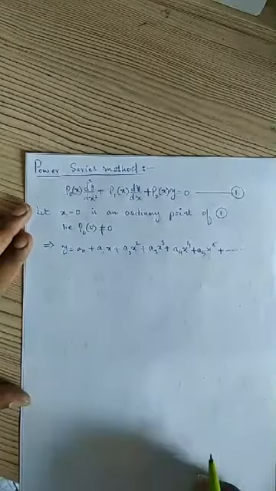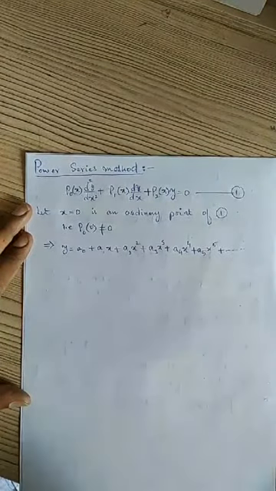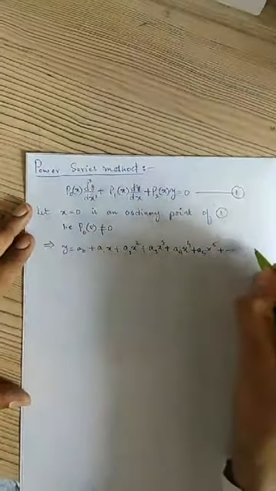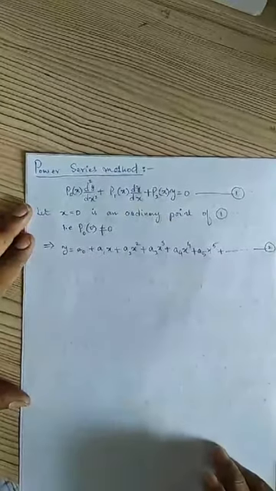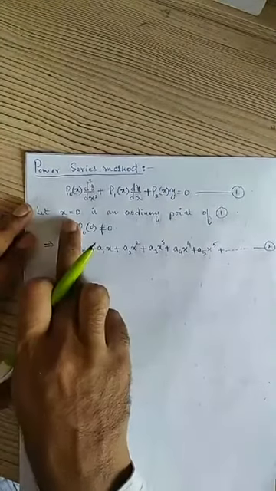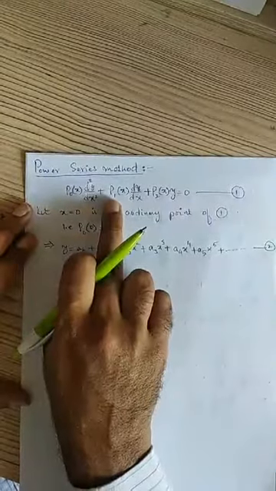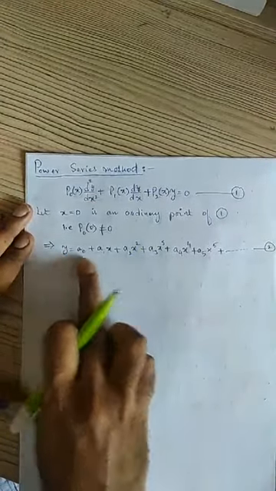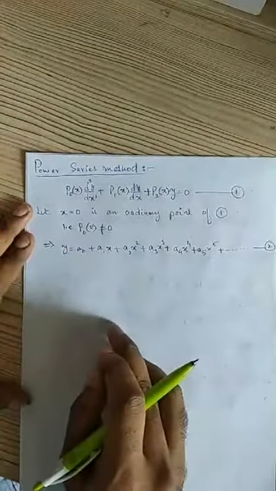Intentionally I am writing these many terms in the series. I want all those terms. I'll consider this as 2. Since I have considered that x equals 0 is an ordinary point for this equation, I can write the solution y in this series form from that result.